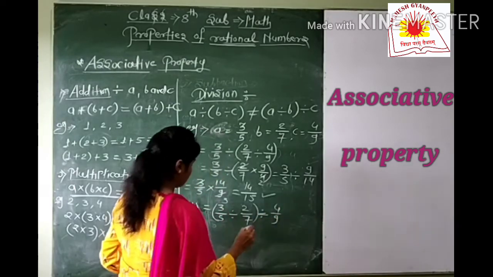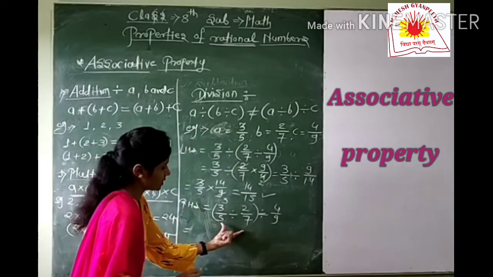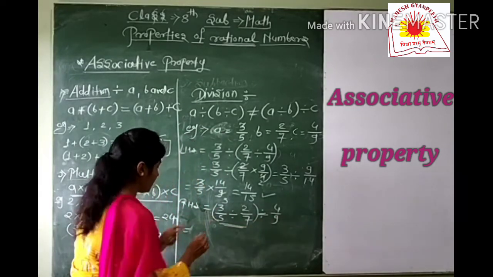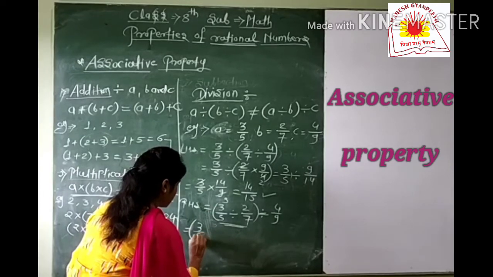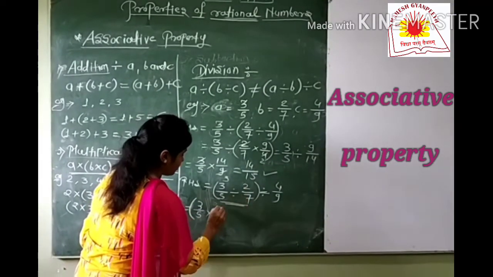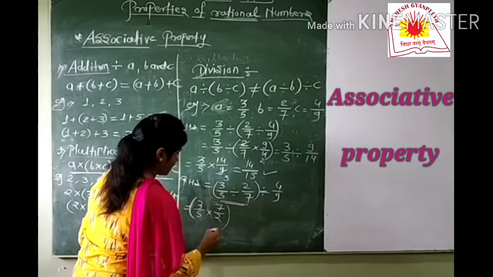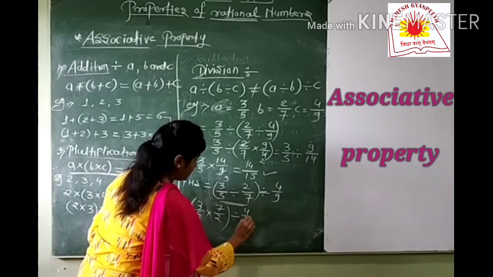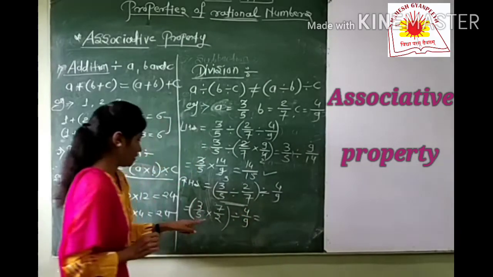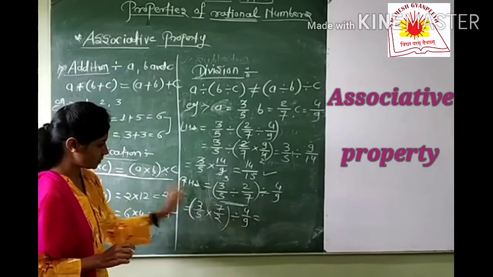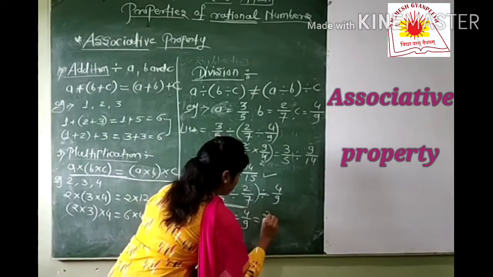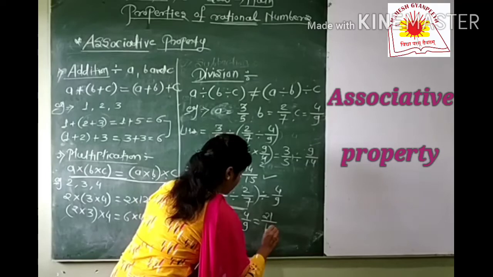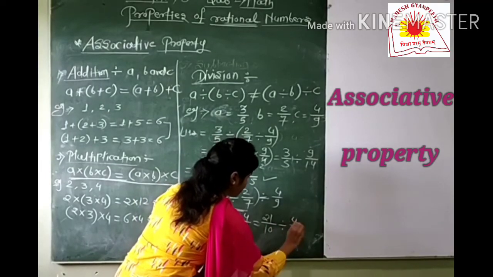Now solve this bracket first. 3 upon 5 multiplied by the reciprocal of 2 upon 7, which is 7 upon 2. No terms are reducible. 21 upon 10 is divided by 4 upon 9.